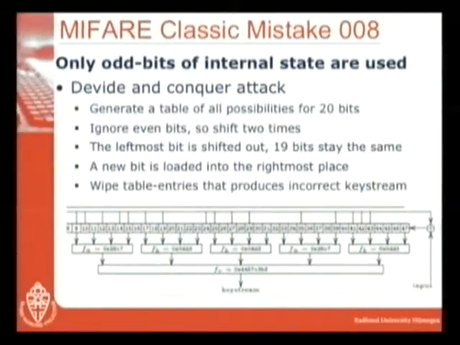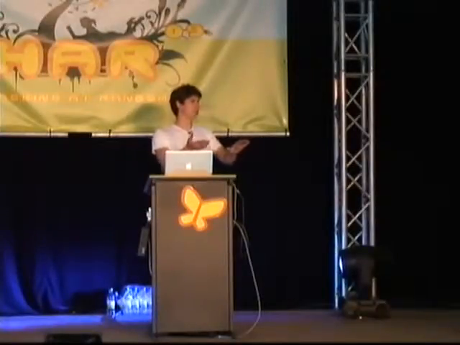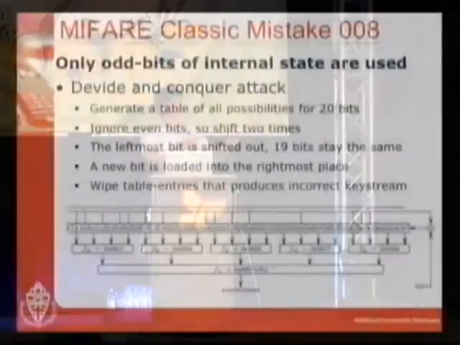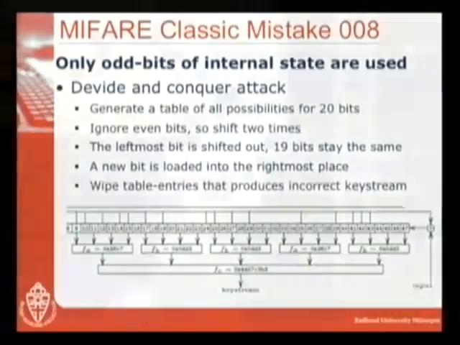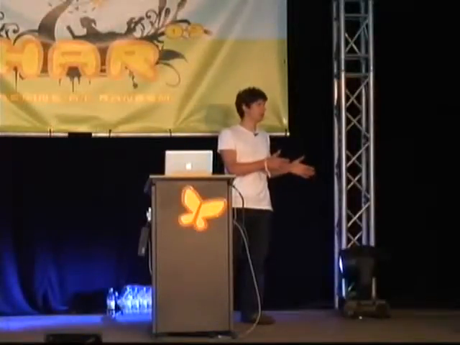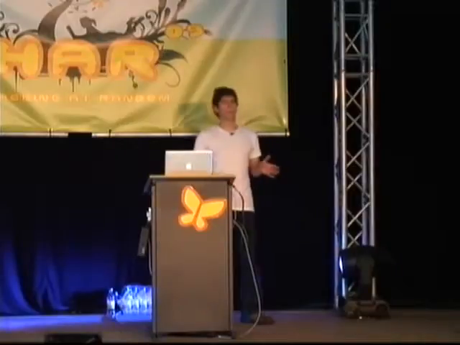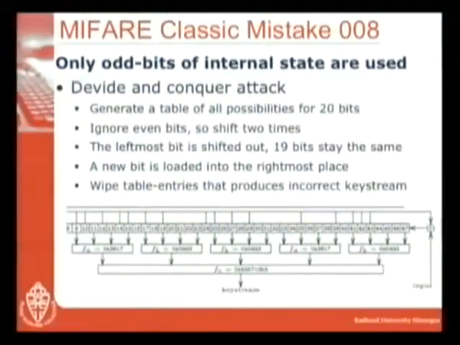So if you have a range of keystream where you can check on, and you guess 20 bits, and you shift it 2 times, and you only have like 2 possibilities. Let's say it produces only 1 bit, which is actually the one you want to look for. So that means every time you shift 1 time, you can wipe away half of the extensions by testing on the keystream you already have.